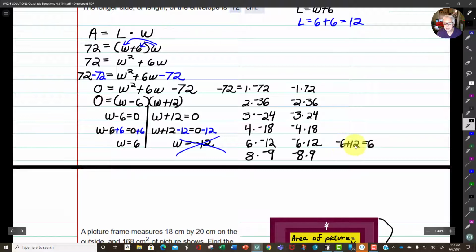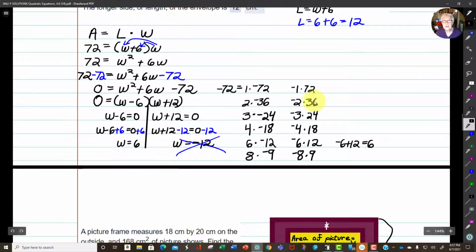Negative 6 plus positive 12 is positive 6, which is the coefficient of the linear term. So that tells me how I can factor W squared plus 6W minus 72, and then I set each factor equal to 0 and solve for the variable. Here I get W equals 6. Here I get W equals negative 12. Let's make that negative darker.